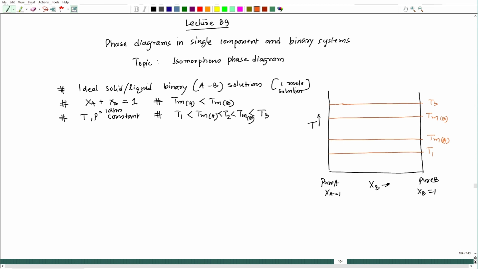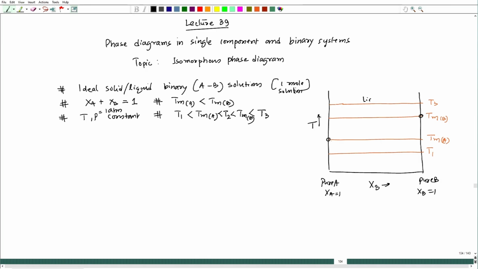We have seen that at T1 solid solution is stable at all compositions, but at TMA, at XA equal to 1, solid and liquid will coexist. At TMB, solid and liquid again will coexist, and at T3 we will have all liquid.